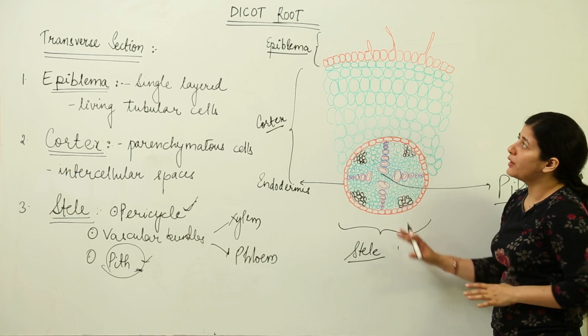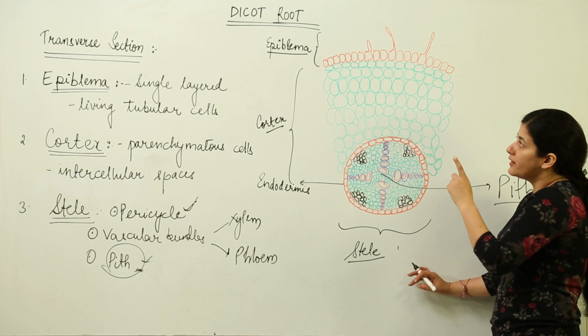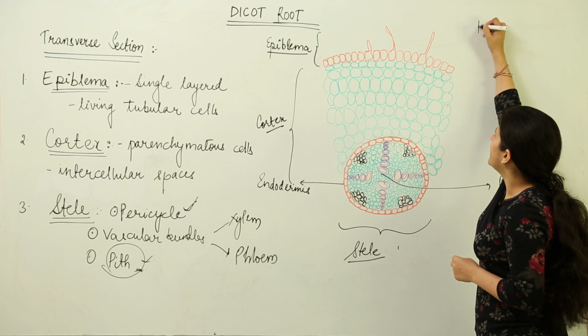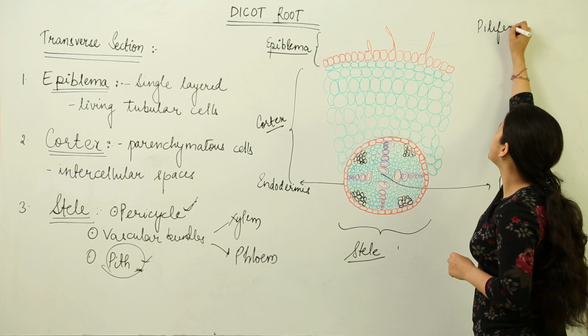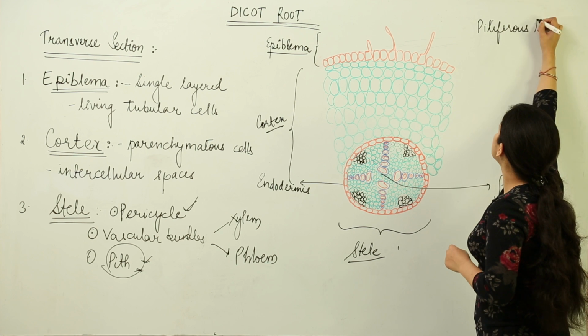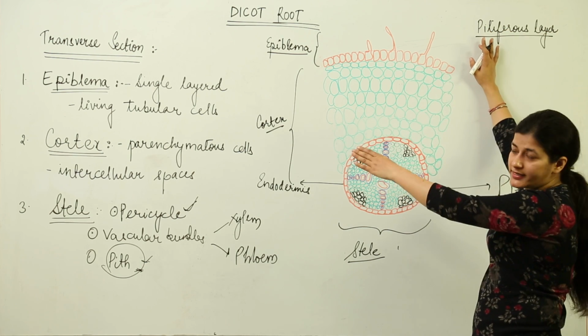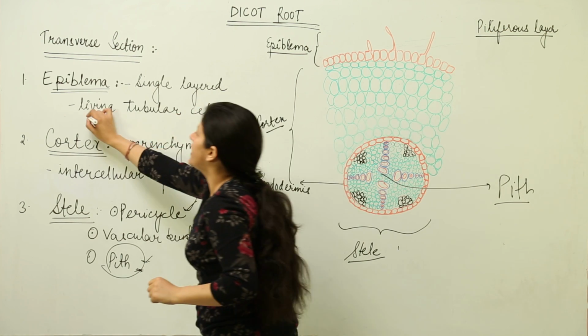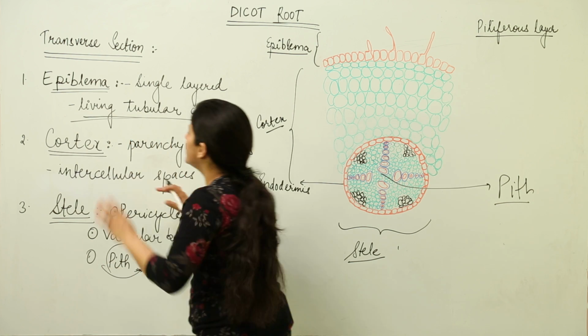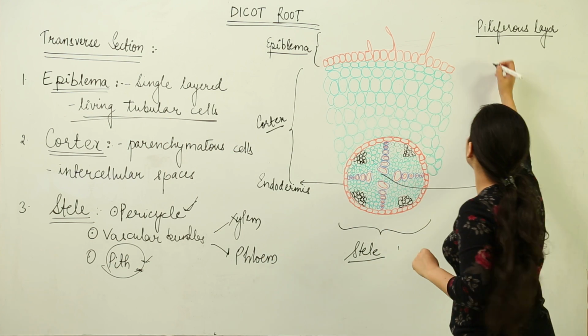Now talking one by one, talking about epiblemma, the other name for epiblemma is piliferous layer. Remember it? Now this piliferous layer has living tubular cells, as I have mentioned over here. They are living tubular cells. Now there would be parenchymatous cells.